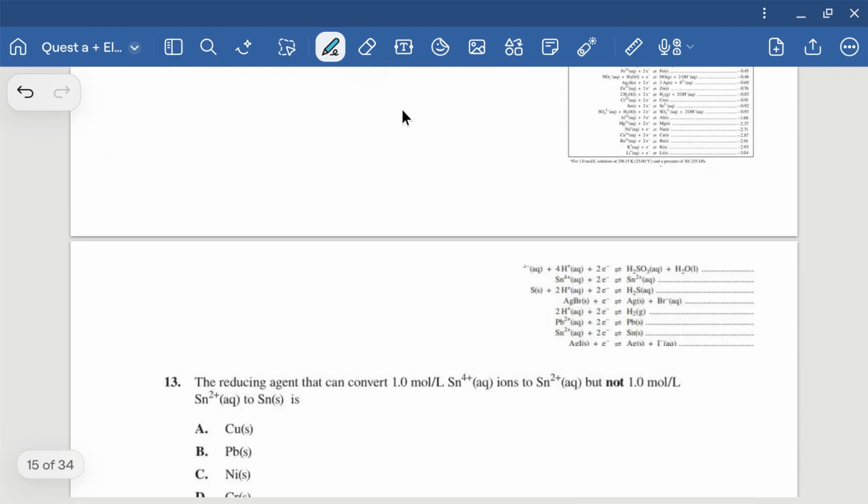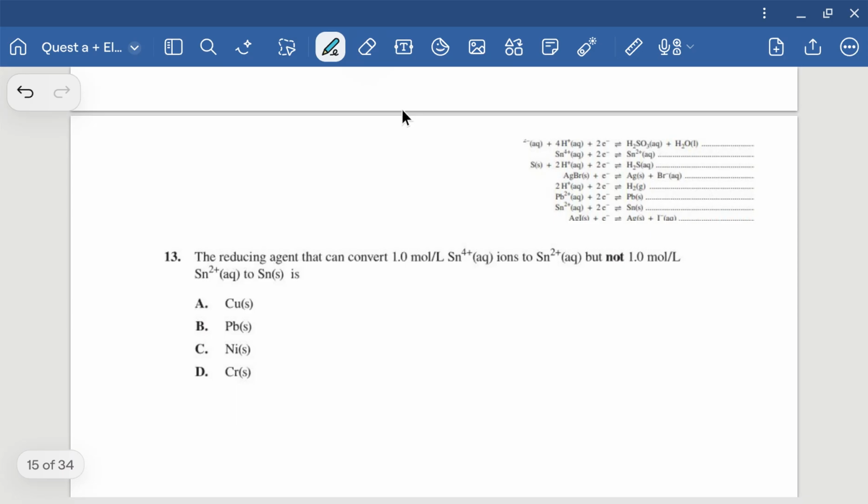Okay, so this next one is asking if you can reduce Sn4+ to Sn2+, but you can't reduce Sn2+ to Sn, what is your reducing agent? So I just did a snapshot of the data booklet. Here we have Sn4+ to Sn2+, and then here we have Sn2+ to Sn. So to be able to reduce to Sn2+, we need to have an RA below Sn4+.